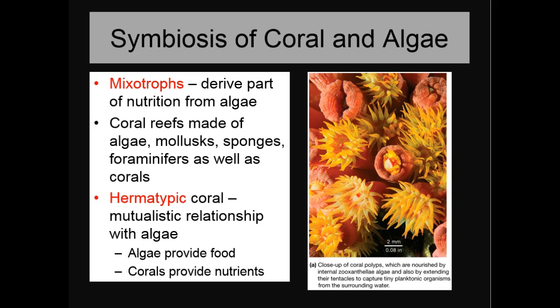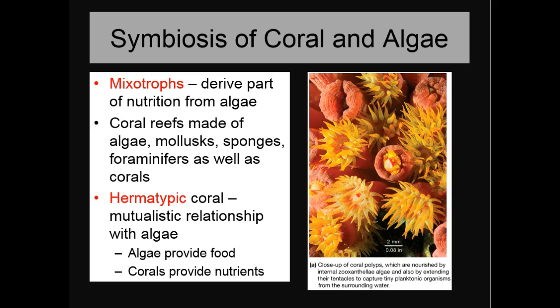All right, so I did mention already about the coral and the algae having a symbiotic relationship where they help each other. We call this eating style for the coral mixotroph. They derive part of their nutrition from the algae. The algae's on the inside, it gives it color.